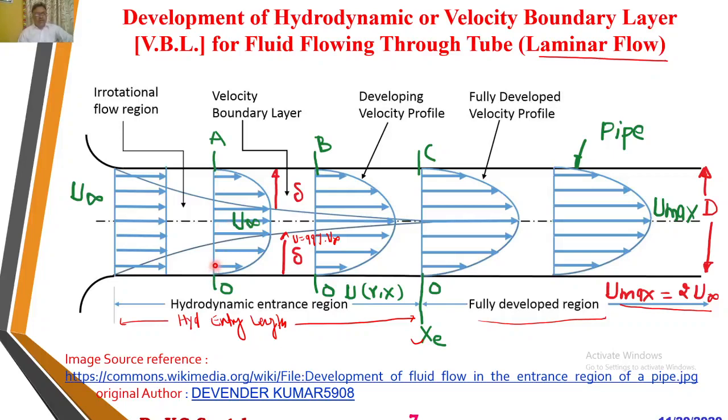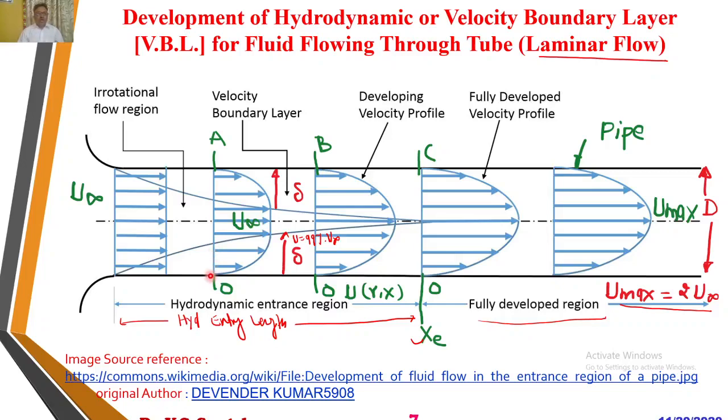Now, the velocity of the particle flowing or sliding over this stationary particle will get reduced due to friction or viscous forces from u infinity to some reduced value. Similarly, the velocity of another particle which is flowing over this particle will get reduced from free stream velocity u infinity to some reduced velocity.